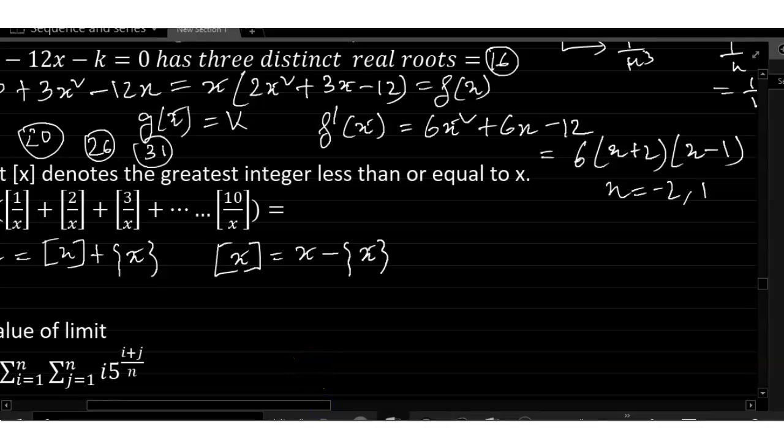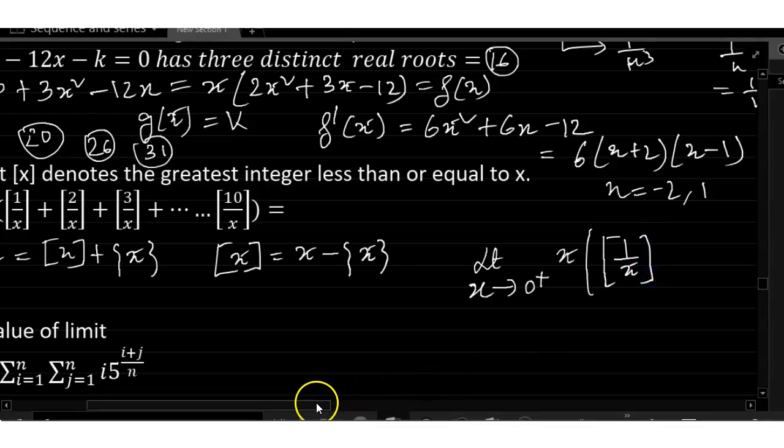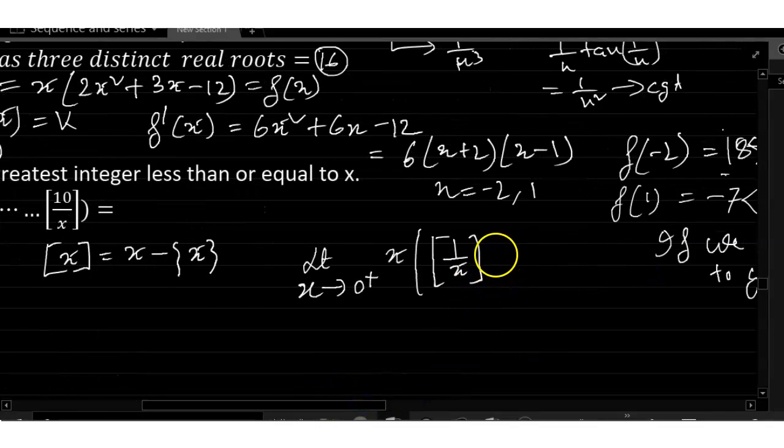And you can write this equation as the limit x tends to 0 plus of x times the sum of box 1 by x plus box 2 by x up to box 10 by x.